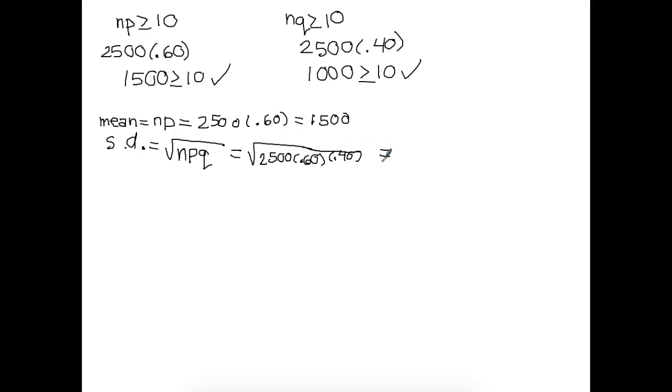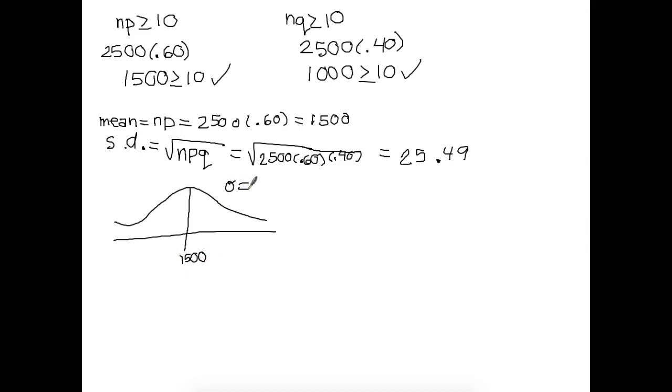And that's going to give me something like 25.49-ish. Okay? And so here is my distribution. Hopefully yours looks a little prettier than mine. We're centered at 1,500 with a standard deviation of about 25.49.